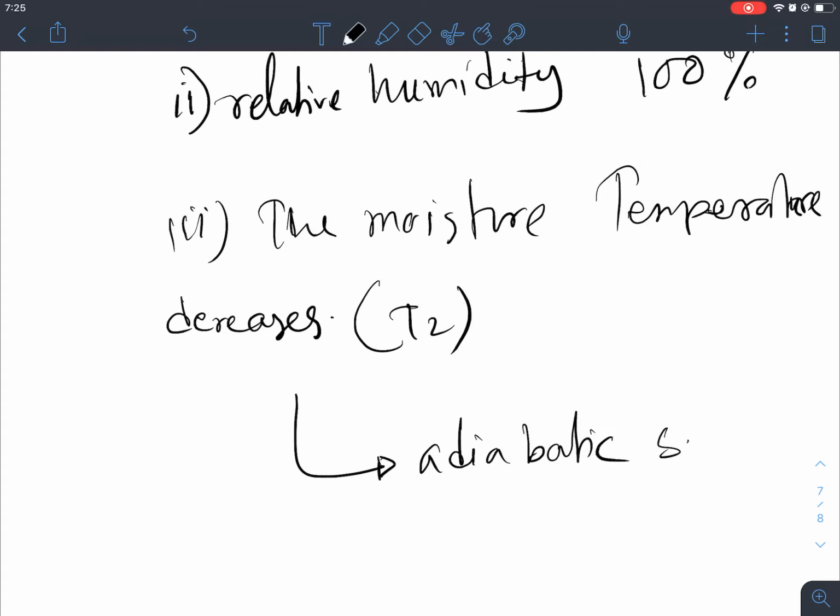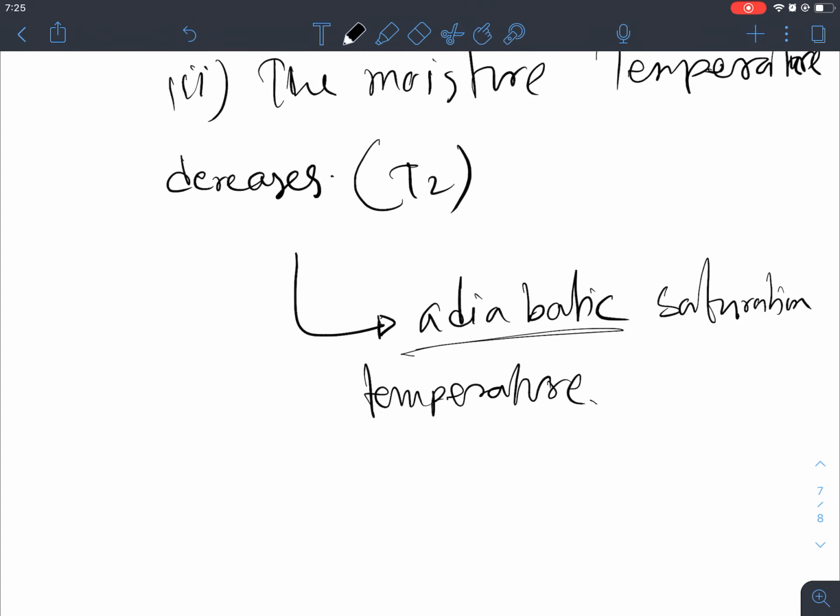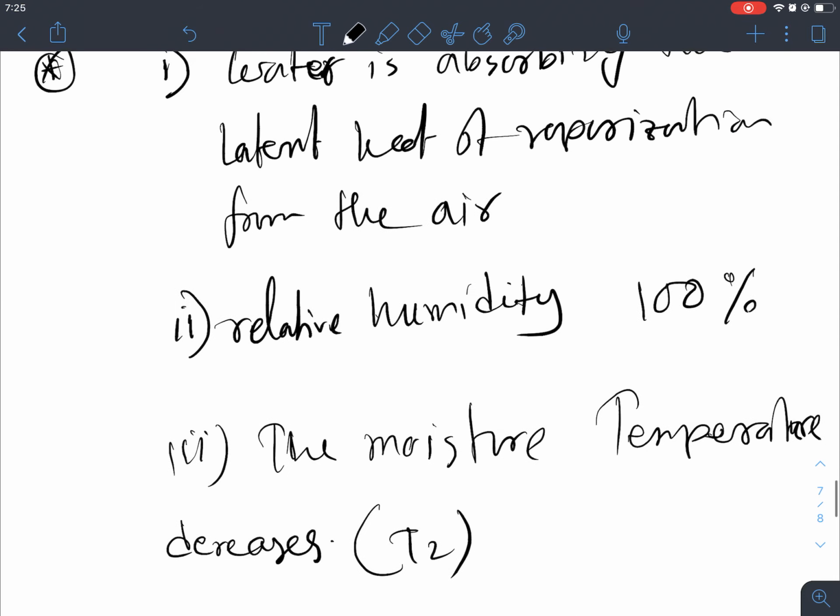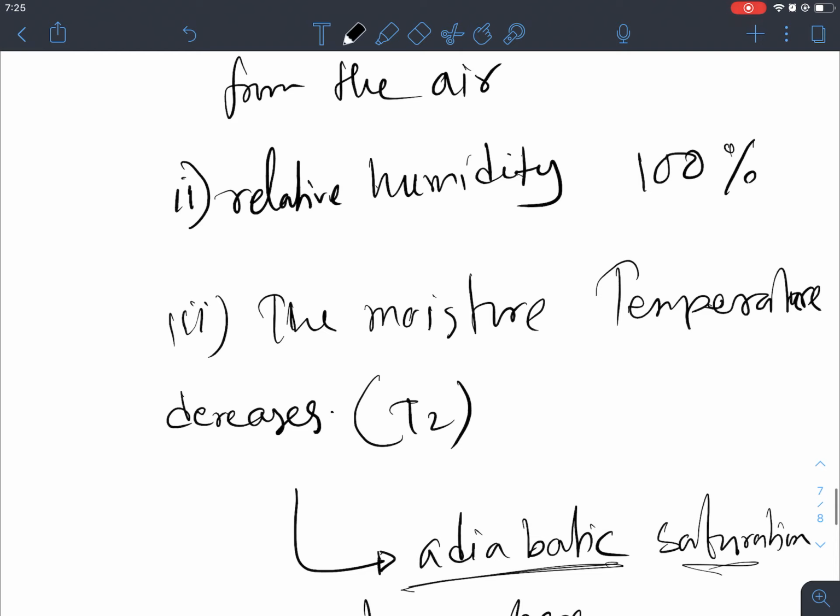Okay, so if I ask you to define the adiabatic saturation temperature, it is when water absorbs the latent heat of vaporization, the temperature of the moist air decreases, and the water is completely converted to vapor and the relative humidity increases up to 100%.